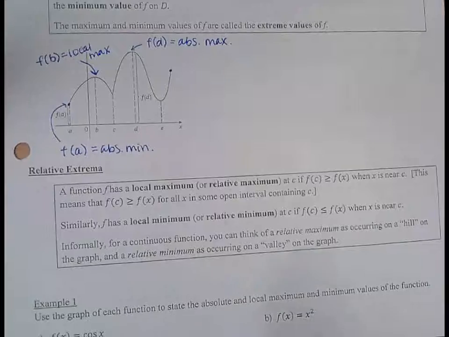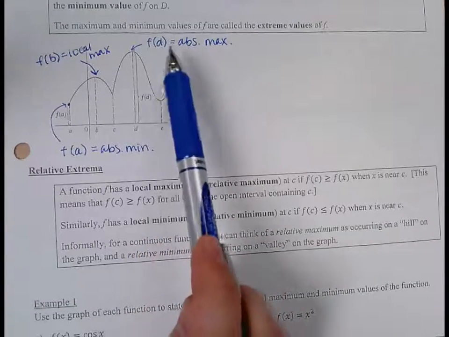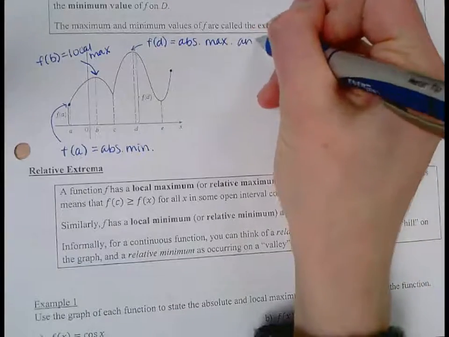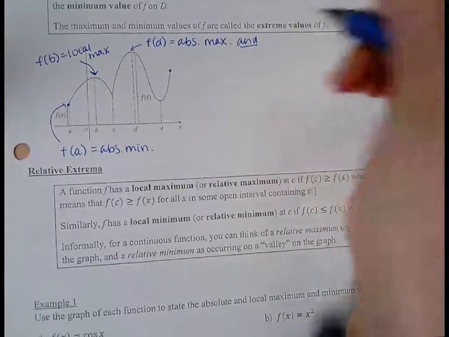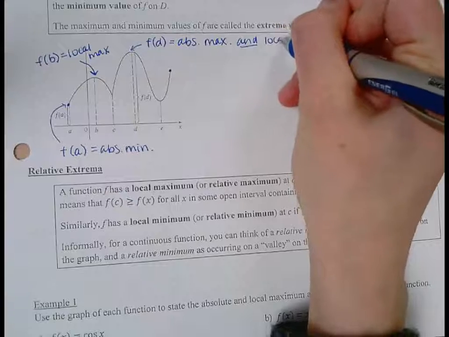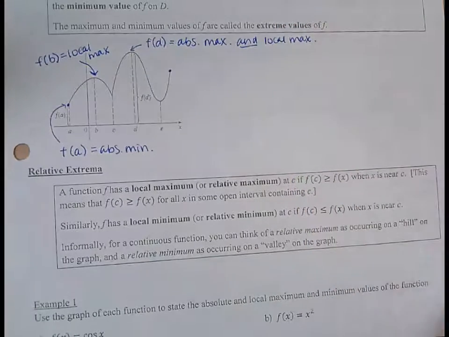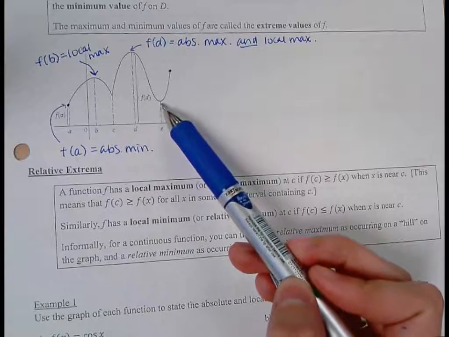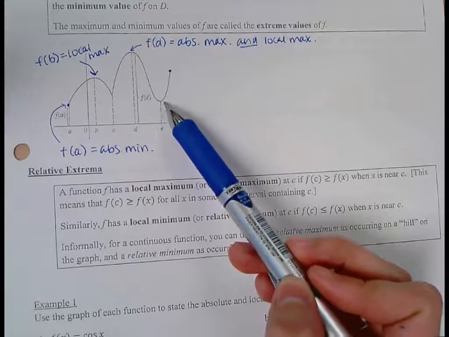And then the other local max is the absolute max. So f of D is not only the absolute maximum, but it is also a local maximum. And then there are, like I said, two local minimums. So those can occur at a valley, like at E. So f of E would be a local min.